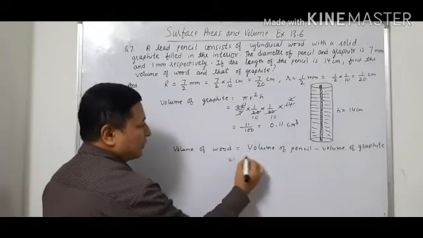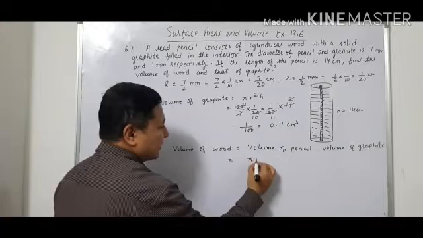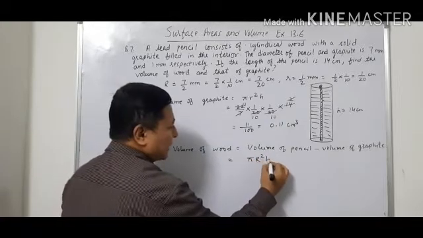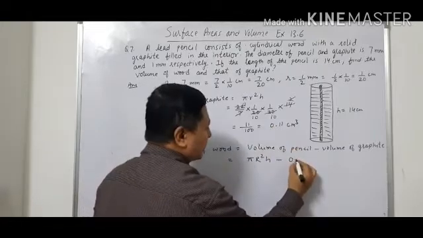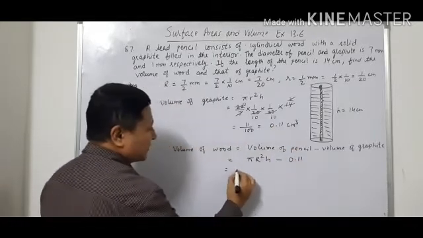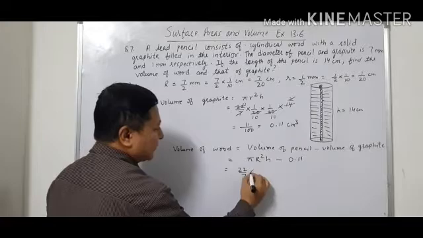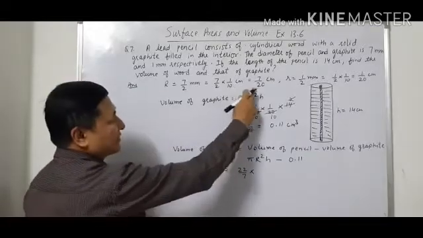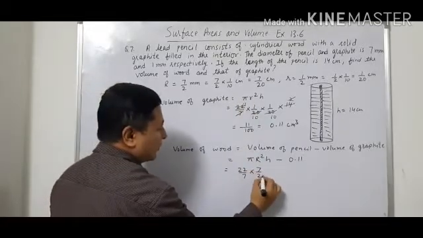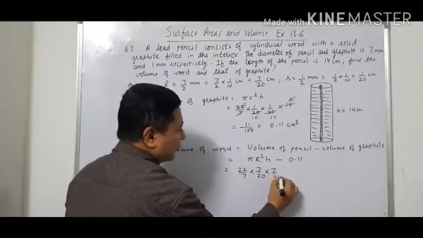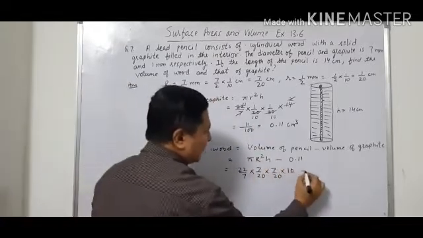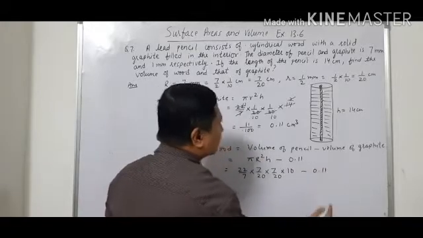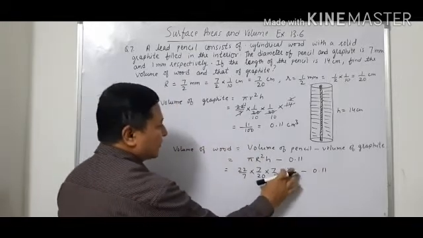Now let us find the volume of the pencil. This is given by the formula pi r square h. So 22 upon 7 into capital R, which is 7 upon 20, so 7 upon 20 into 7 upon 20 into the height. Sorry, this height is 14, it is not 10.